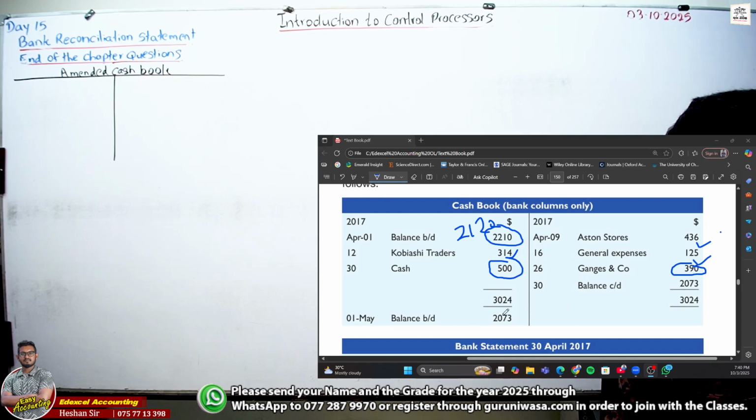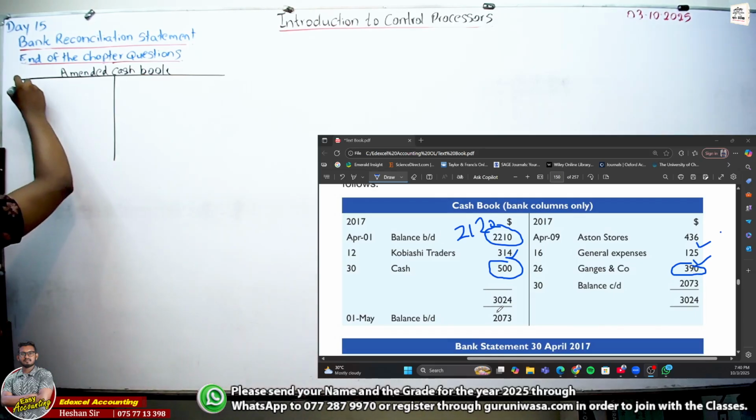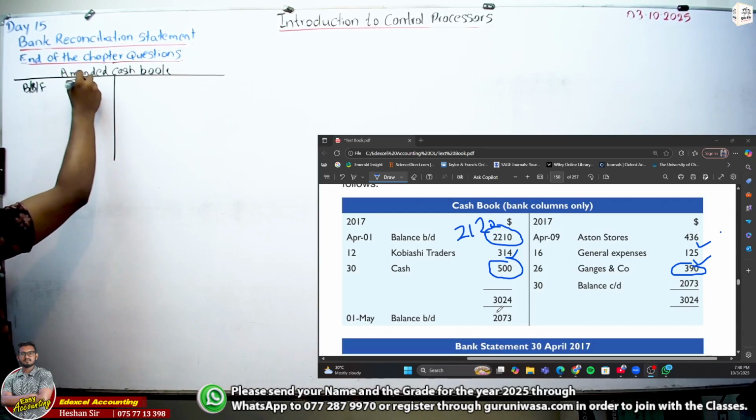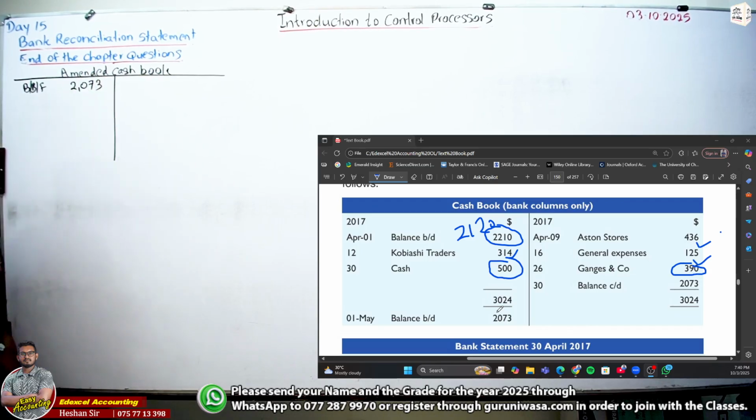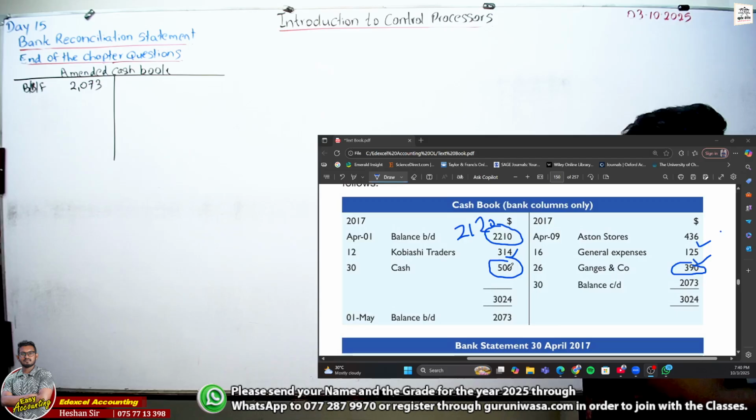You can see the existing balance is 2073. So take it, balance brought forward, 2073. Understand? Got it? Right?